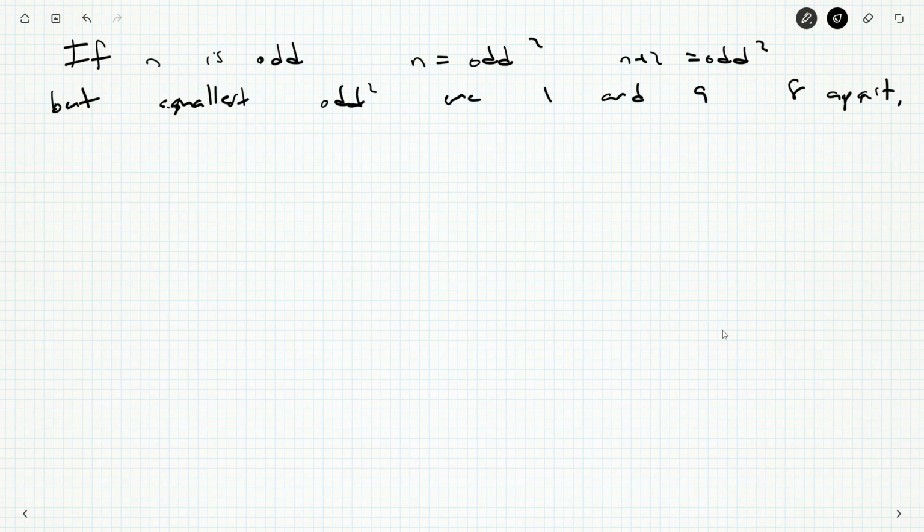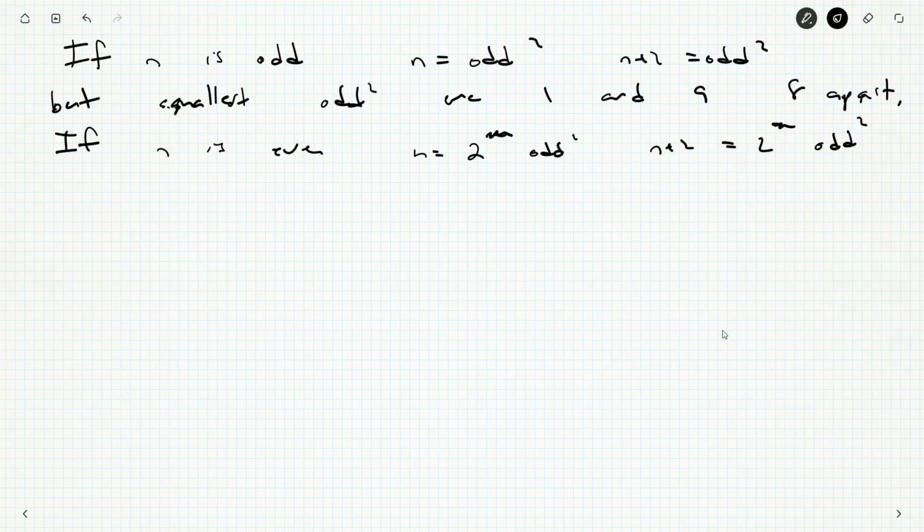So that's impossible. If n is even, then n is 2 to some power times an odd square. And n plus 2 is 2 to the something times an odd square. But the difference has to be 2.